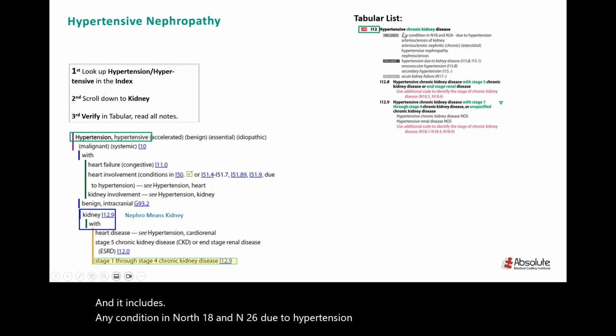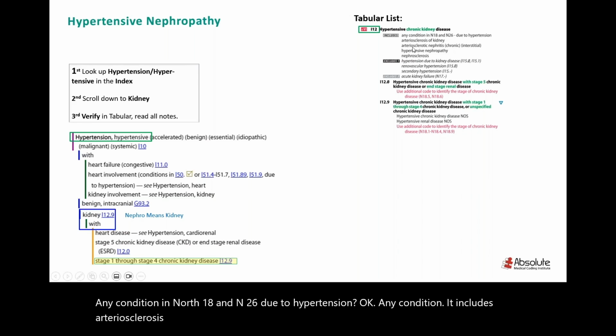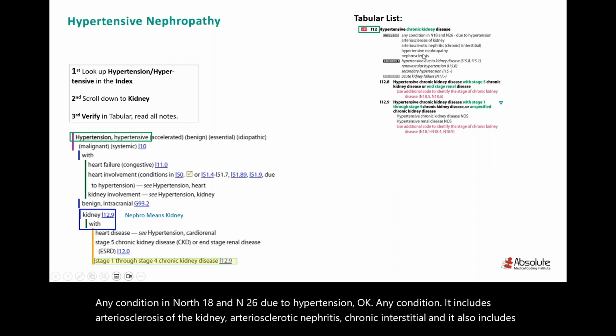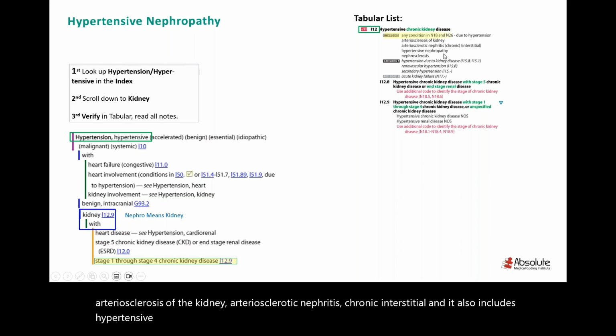Okay, any condition. It includes arteriosclerosis of the kidney, arteriosclerotic nephritis, chronic interstitial, and it also includes hypertensive nephropathy. So this is coded under this category.